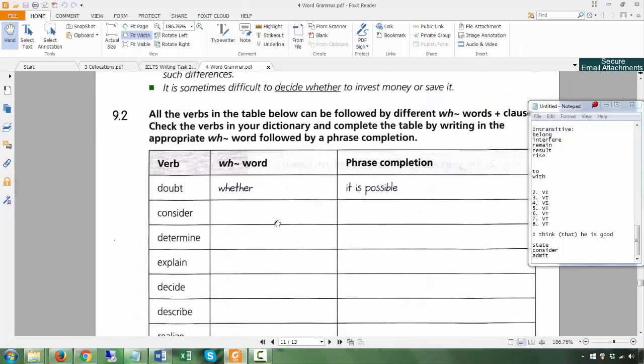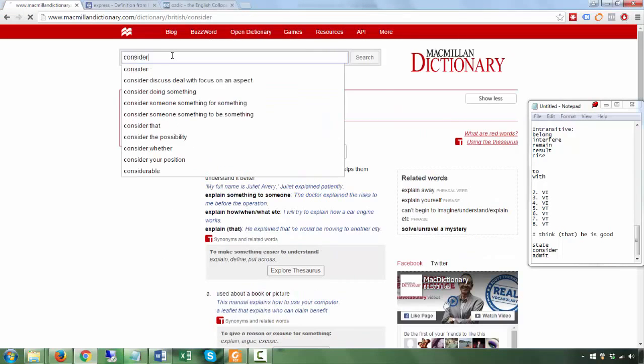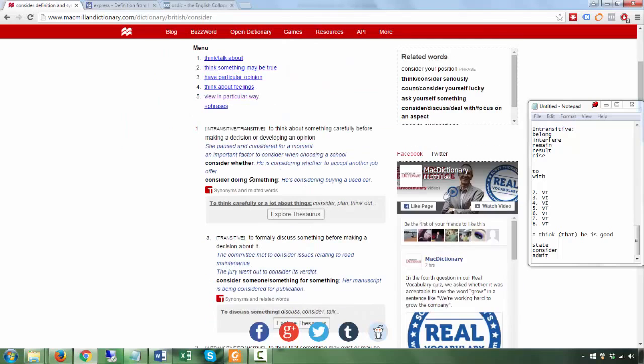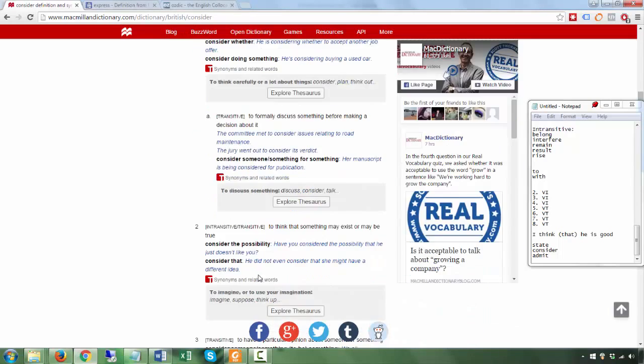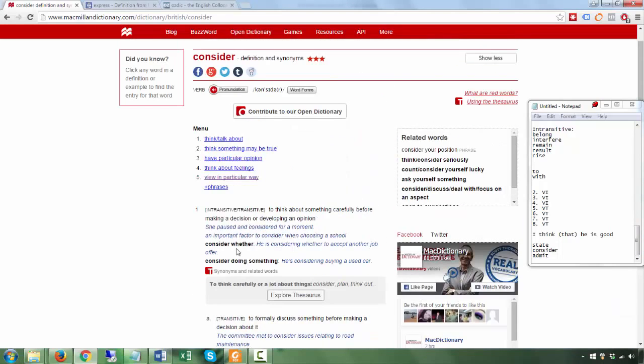What is the task here? Consider. So you can go to consider. And then you look at consider whether. Well, what are the WH words? Consider whether, that's the most common one.